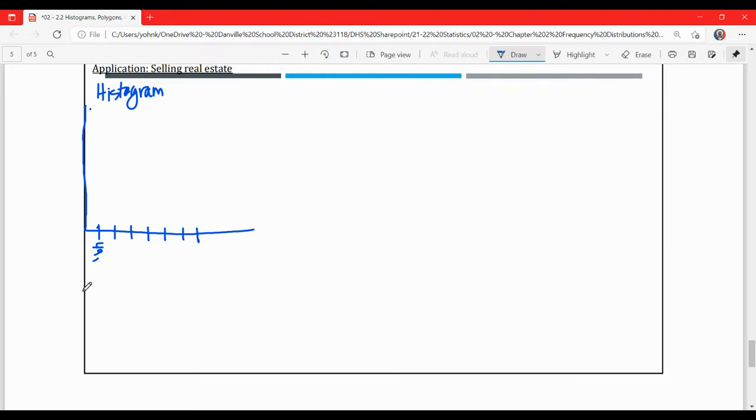I'm trying to write sideways, and it's not working.